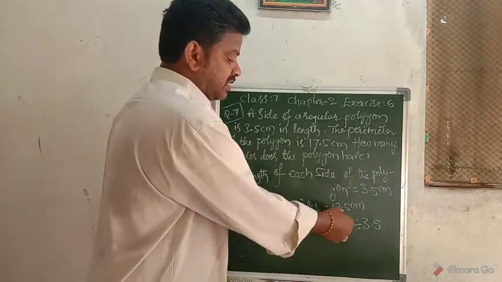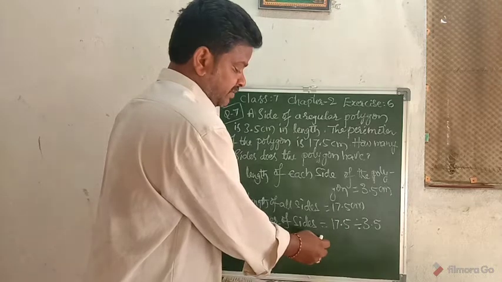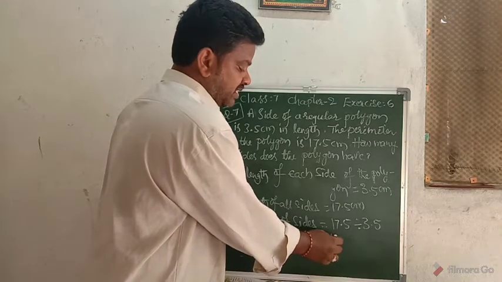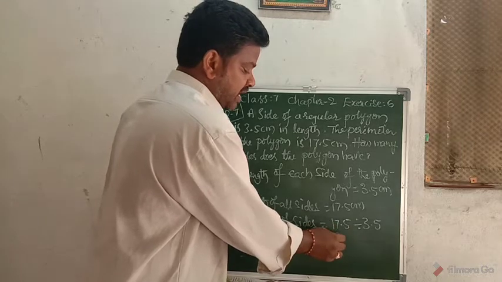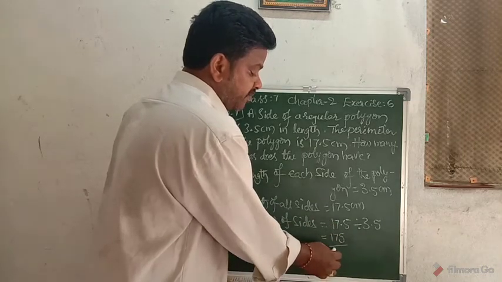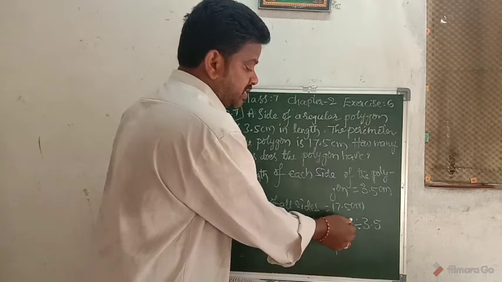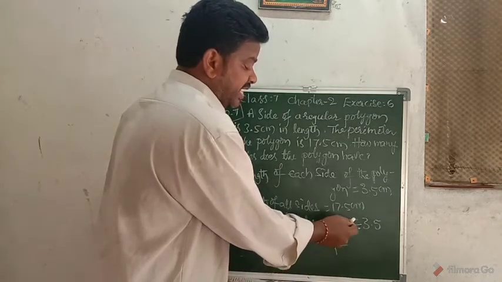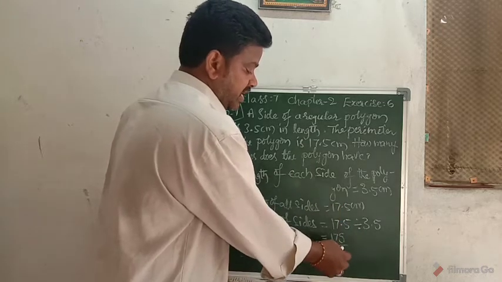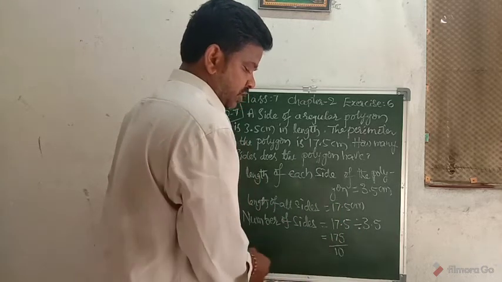You just convert the decimal into a decimal fraction. When 17.5 is converted into a decimal fraction, remove the decimal and write the number as the numerator, and the denominator is 1 followed by as many zeros as there are decimal places in the decimal number. Here there is only one decimal place, so 1 followed by one 0.